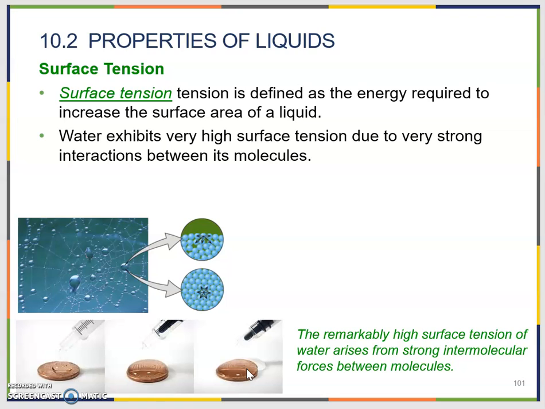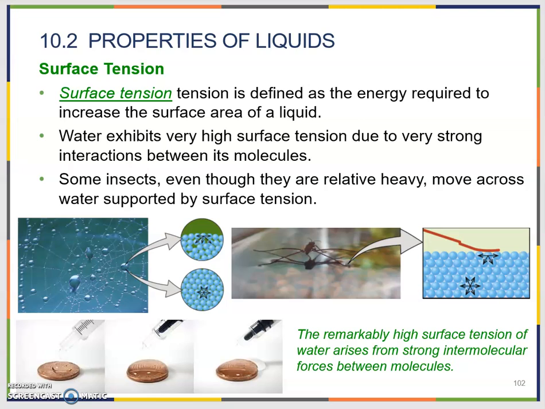So that energy to break it is the surface tension. So it derives from the cohesive forces between the water molecules. Some insects use surface tension to walk on water.